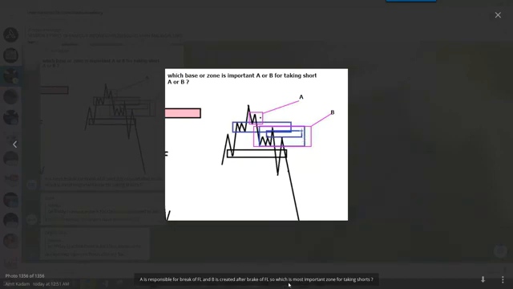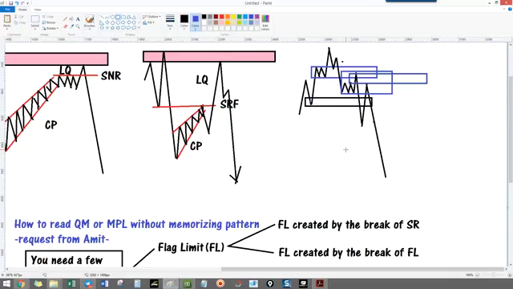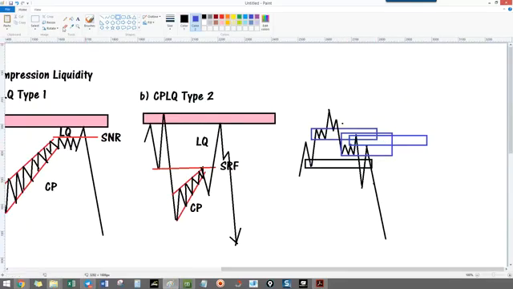Okay. So which is more important for taking short? If you want to take short, you need to go over here. This MPL. You need to take this one after everything already formed.